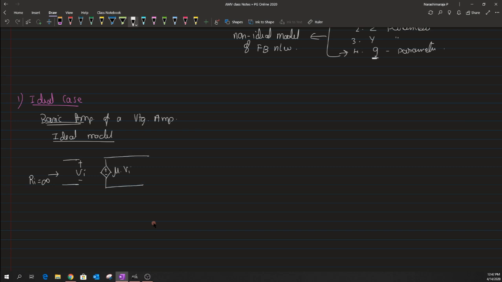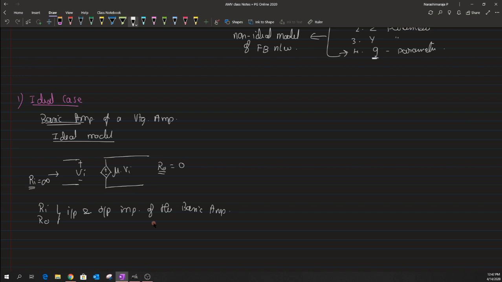Where the output impedance associated with this model will have Ro, which is 0 in this case. Clearly I have used a few letters here, so please look across this. The Ri and Ro are the input and output impedances or resistances of the basic amplifier or the open loop amplifier. We'll be having other notations as well throughout the discussion.